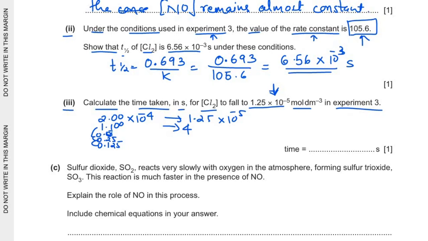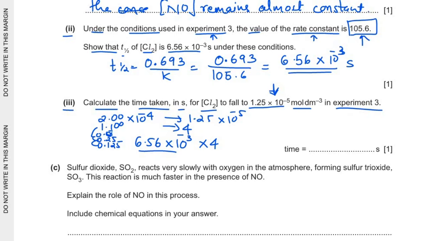So what we have to do is, 6.56 × 10^-3 is only one T half. Now it keeps on going, so multiply by 4, because 4 times the time will be taken to decrease its concentration 4 times.